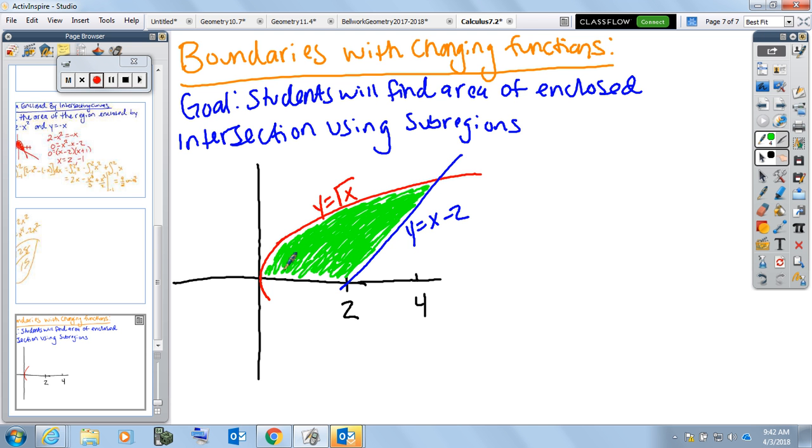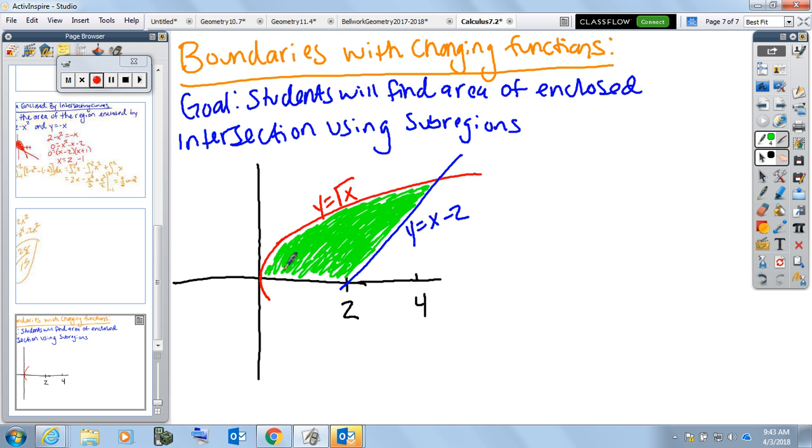technically, we're not bounded by the same functions throughout, right? So think about what's happening from 0 to 2: the function y equals x minus 2 is not really in existence, it's not really happening.